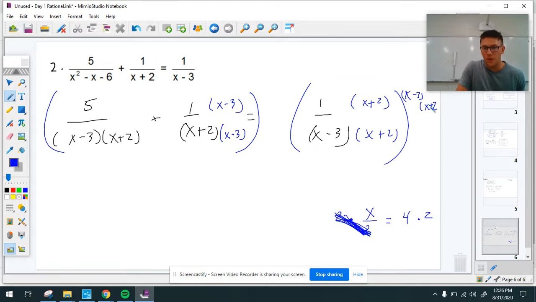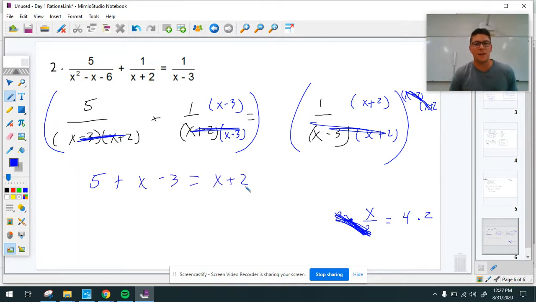So once we do that, we can then simplify, and that all goes away. So we're left with a very basic equation that looks like this, which is something we can handle in the solving process.